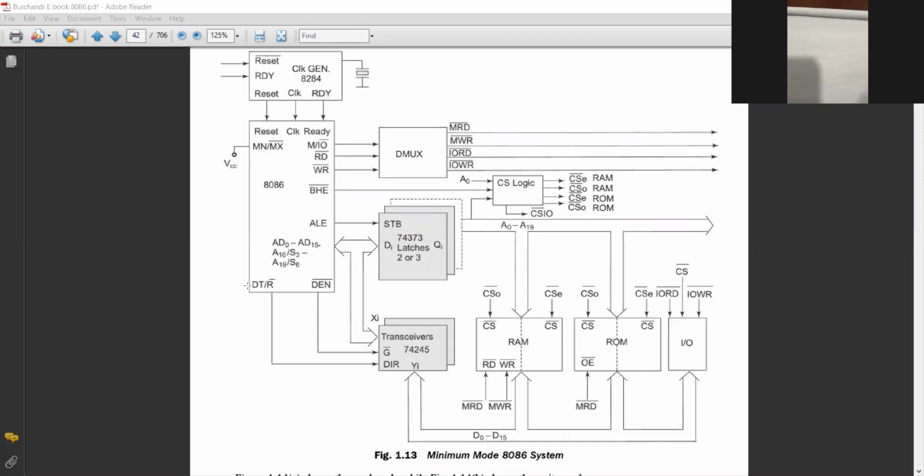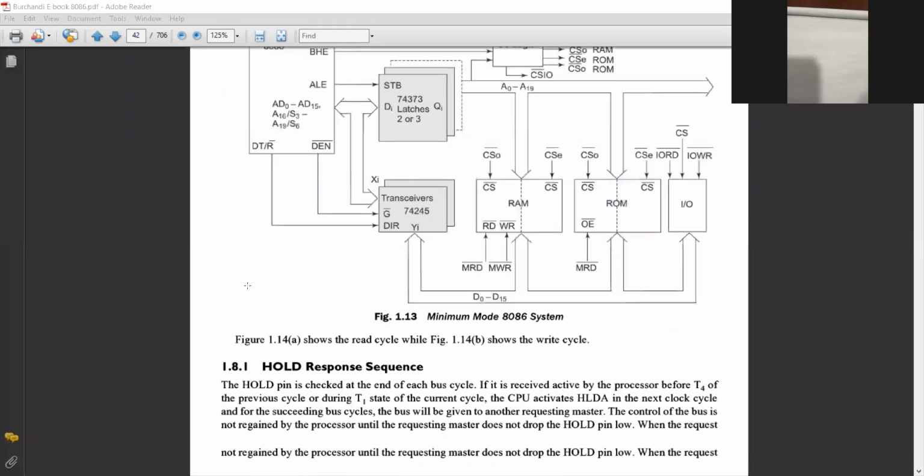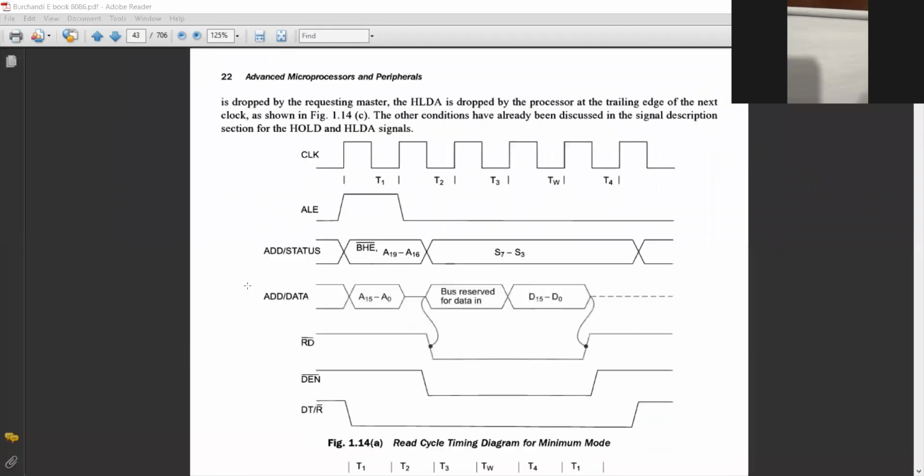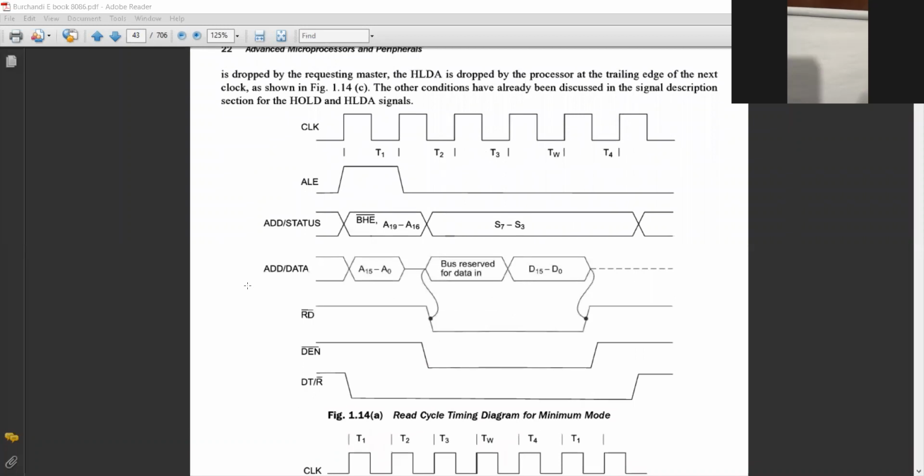Next, going into the next page, there is a timing diagram. Just hold on. This portion is the address bus, and this portion is the data bus. D0 to D15 is the data bus.